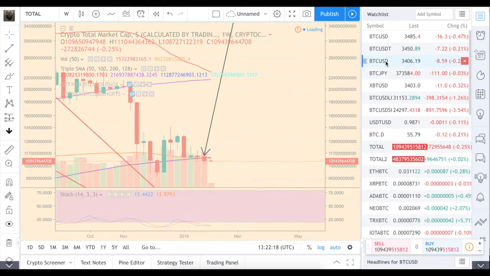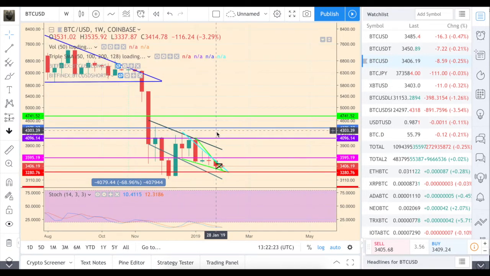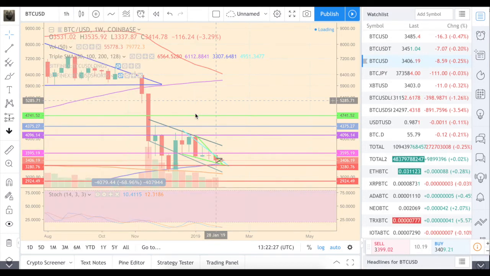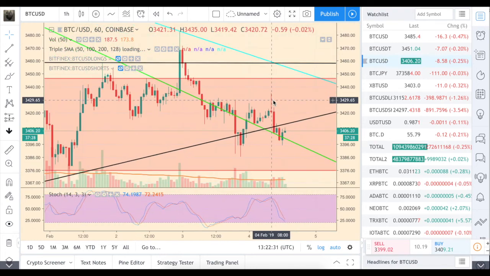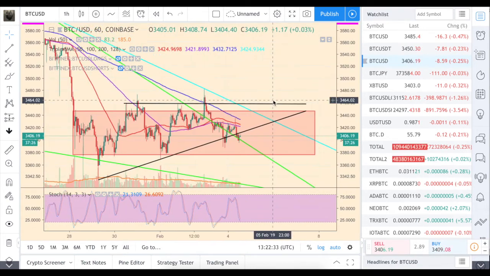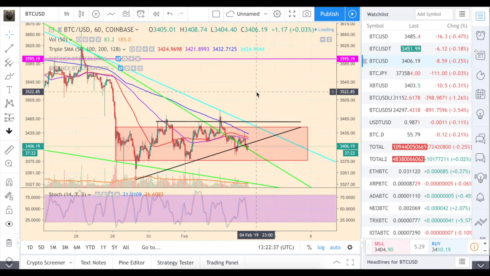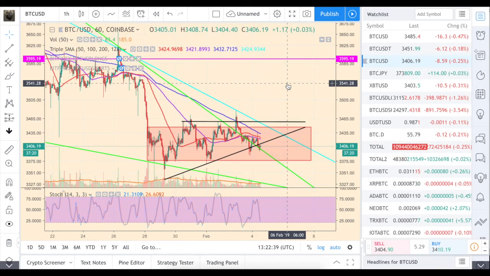What I want to say, guys, is don't think that this is some kind of ultimate or universal solution to all of the problems we have, and that now we're ready to go up and we are on the eve of the new bull run tomorrow.